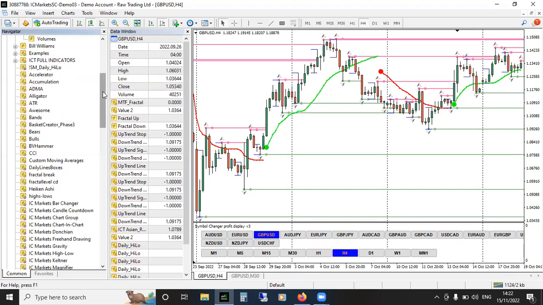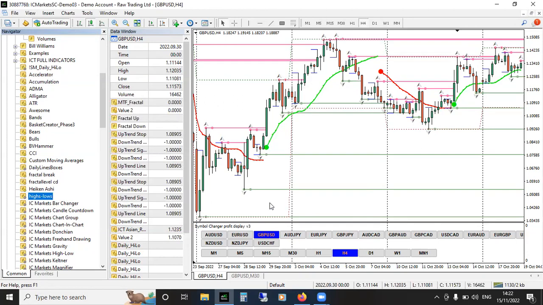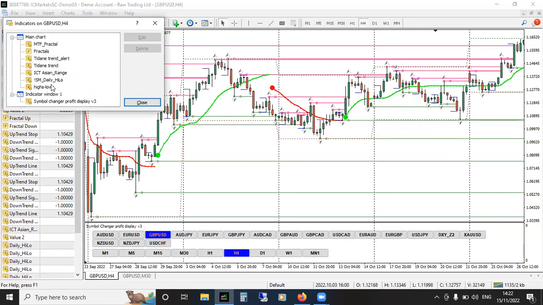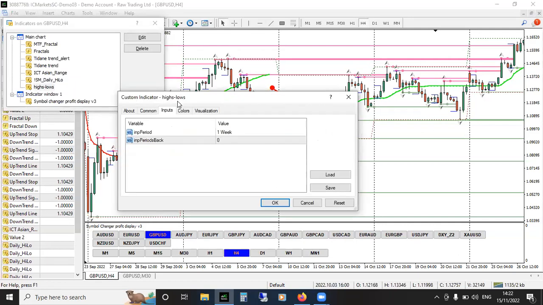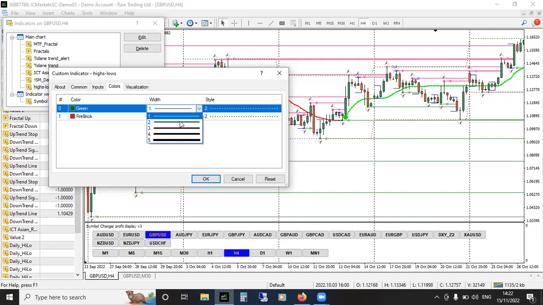I'm looking for the high and low. Let's make it easy for us to see the current weekly highs and lows. Let's increase the thickness of this so that we can see clearly.